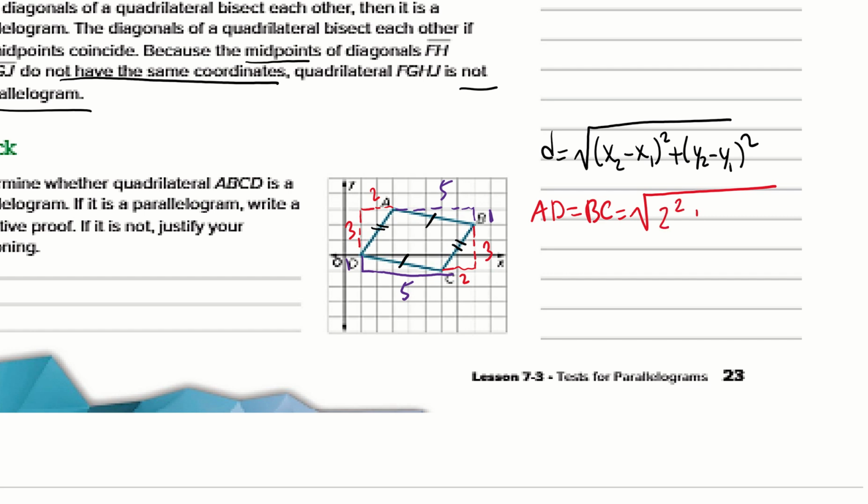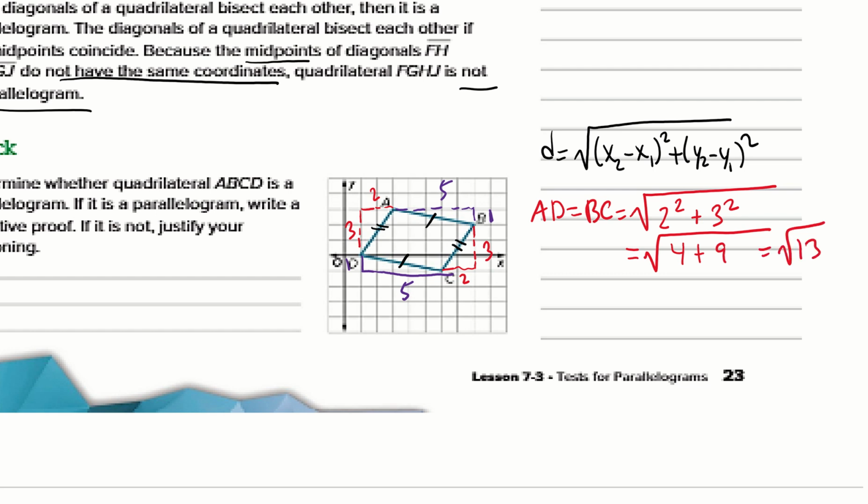Remember that the 2 is the difference between x2 minus x1. The 3 is the difference between y2 minus y1. And so we get square root of 2 times 2 is 4, 3 times 3 is 9, so it's the square root of 13.